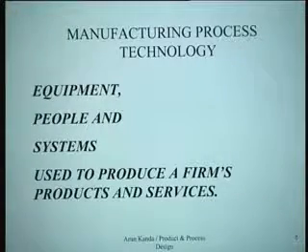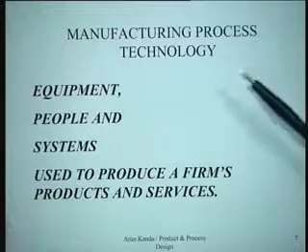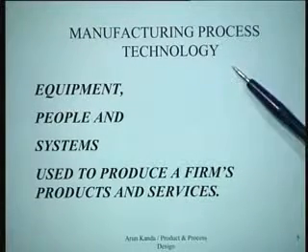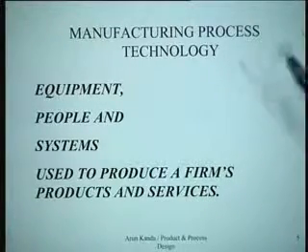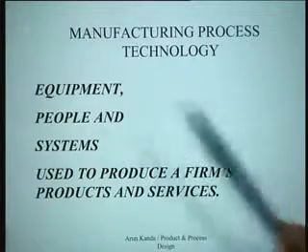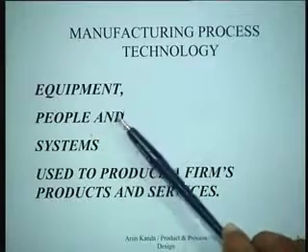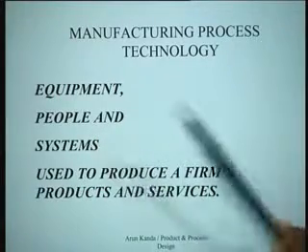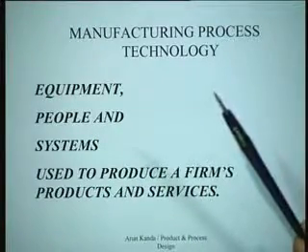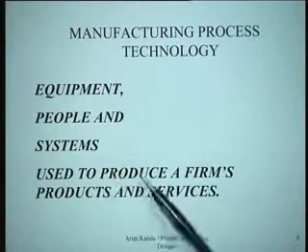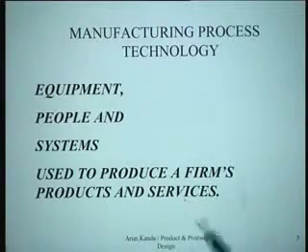Let us now talk about what we understand by process design or process technology. Basically, when you're talking about manufacturing process technology, what we mean in very simple terms is the equipment, the people, and the systems that constitute process technology, which are used to produce a firm's products and services.